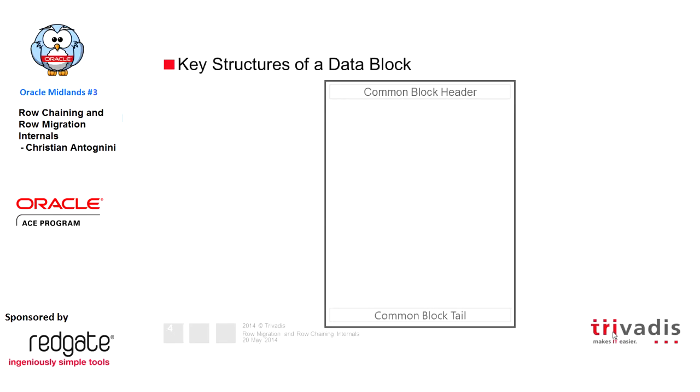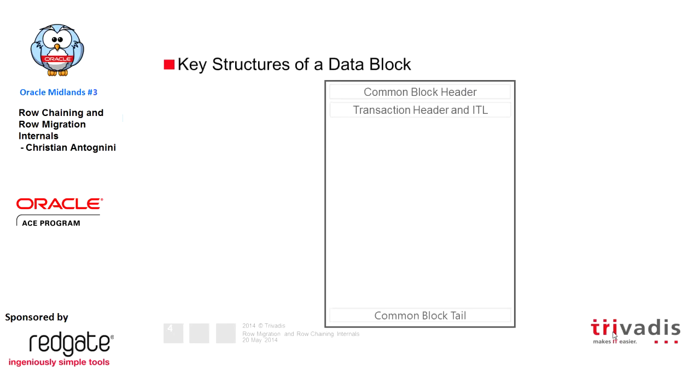These are the two parts of information which are in all Oracle database blocks, no matter whether it's a control file, RMAN backups, or redo logs. In the common block header you have the type of the block, which tells you whether it's a data block, an undo block, a file header block, whatever.